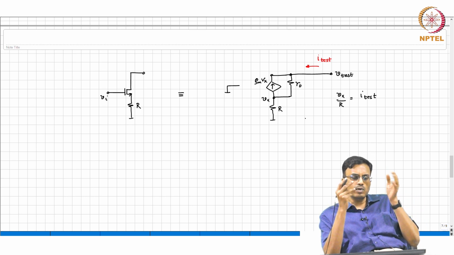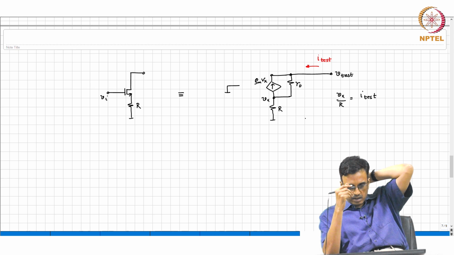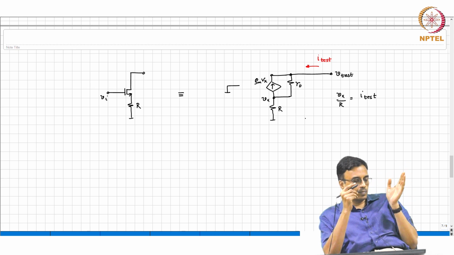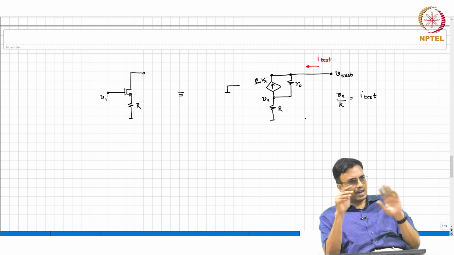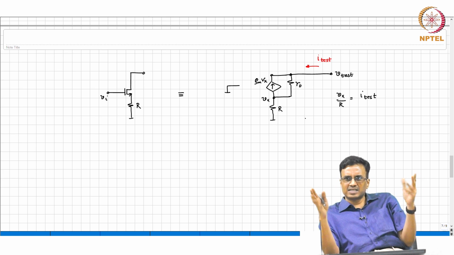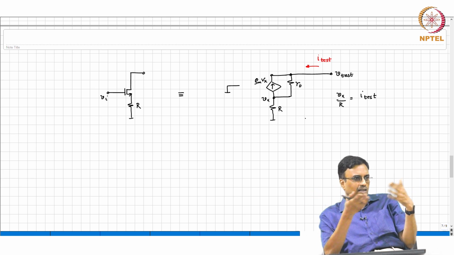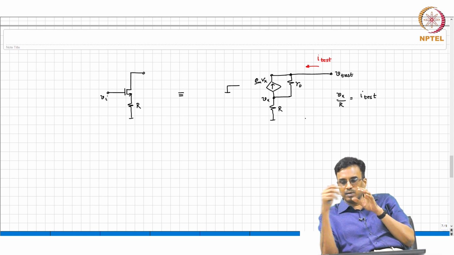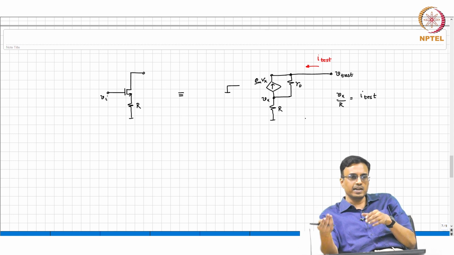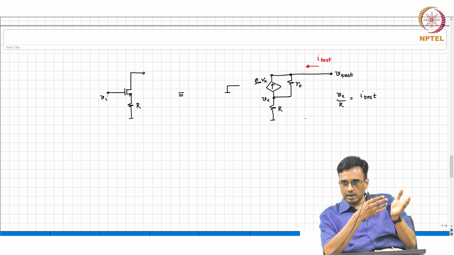In general, when you are trying to find the output resistance looking into a port, you can do it in two ways, right? You can either put a voltage and measure the current, or you can put a current and measure the voltage. Eventually, you should get the same answer whatever you do, but there will be cases where it is convenient to do one over the other, right?